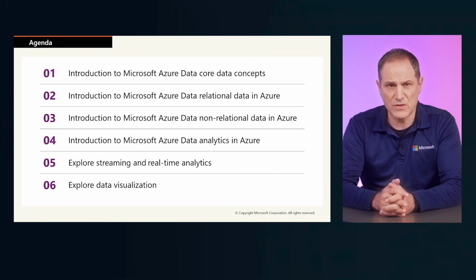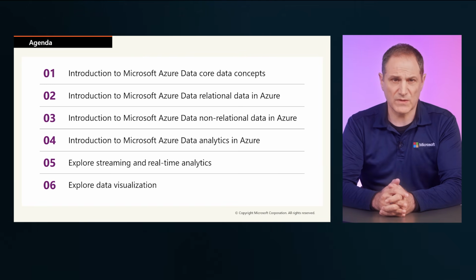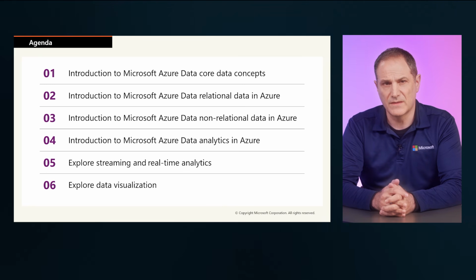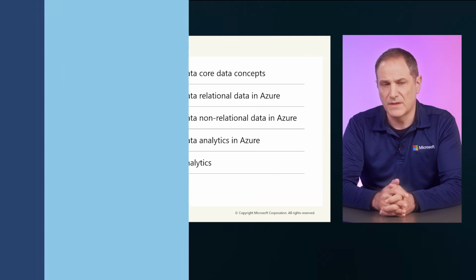We'll move to Session 3, non-relational data in Microsoft Azure. In Session 4, we'll go through analytics in Microsoft Azure. Next, Session 5, where we will explore streaming and real-time analytics. Finally, in Session 6, we'll wrap up the course by exploring data visualization. Let's get started with Session 1.